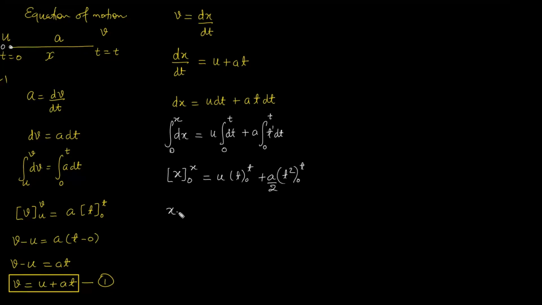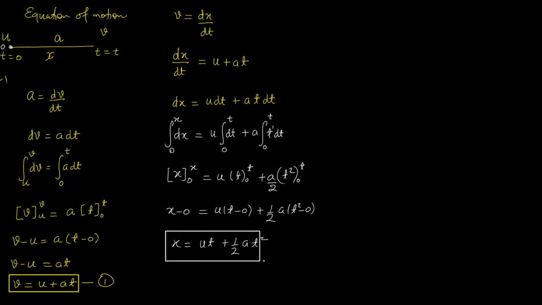So it will be x minus 0 equals ut minus 0 plus half of at square minus 0. So finally x is ut plus half at square. So this is the second equation of motion.